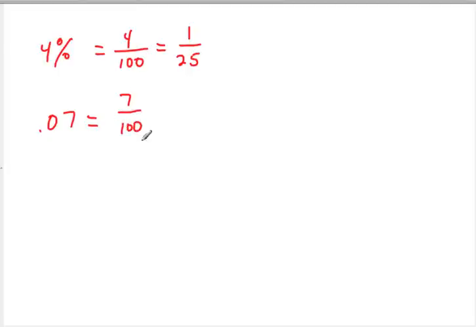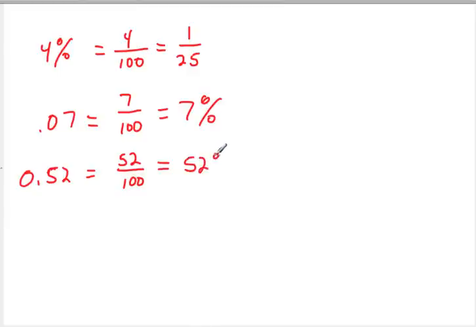And now we know that since it's over 100, that it already is a percent, so that means 7%. We'll try another one, 0.52. Again, that 2 is in the hundredths spot, and so we get 52 over 100. And again, since it's over 100, we know that's a percent, so that means 52%.